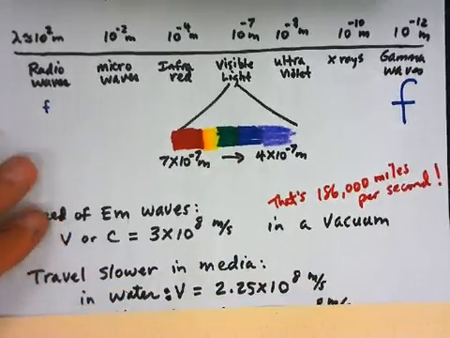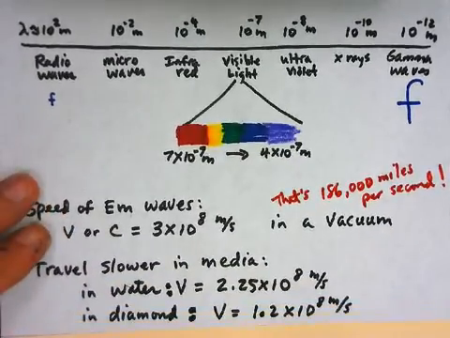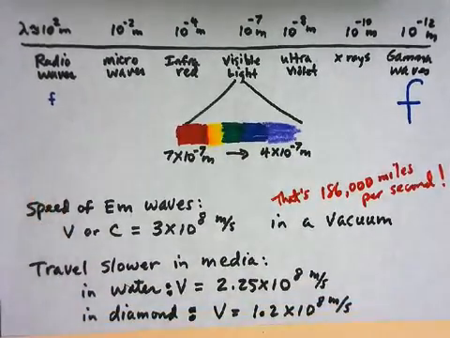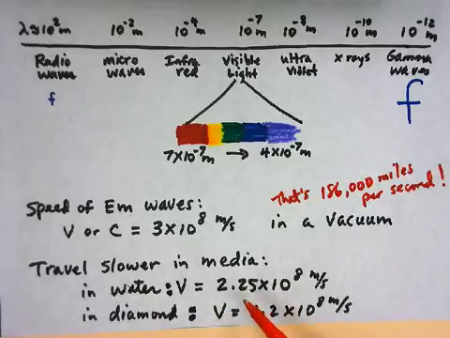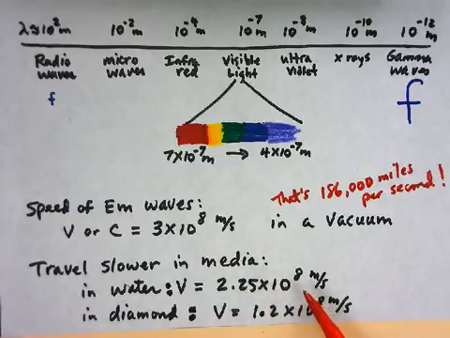Of course, if the electromagnetic waves are traveling in materials such as water or glass or a diamond, they slow down significantly. You can see that in water, light waves and other electromagnetic waves only travel at 2.25 times 10 to the 8th meters per second, and in a diamond they travel much slower, 1.2 times 10 to the 8th meters per second.